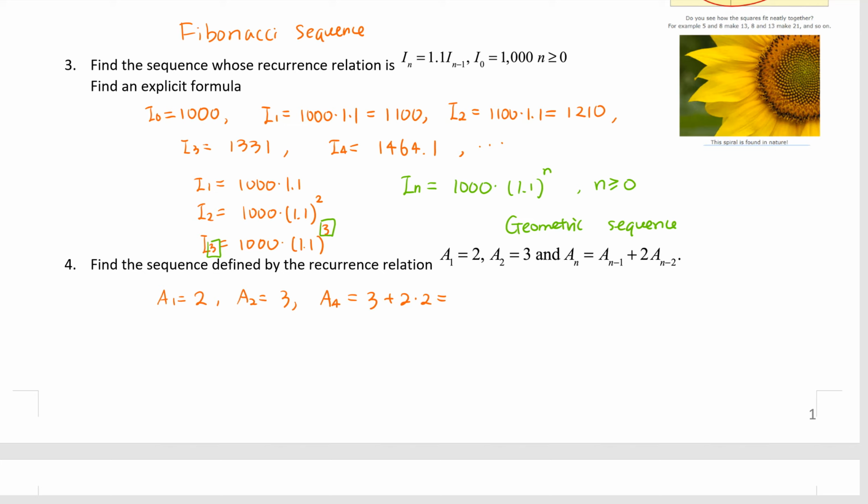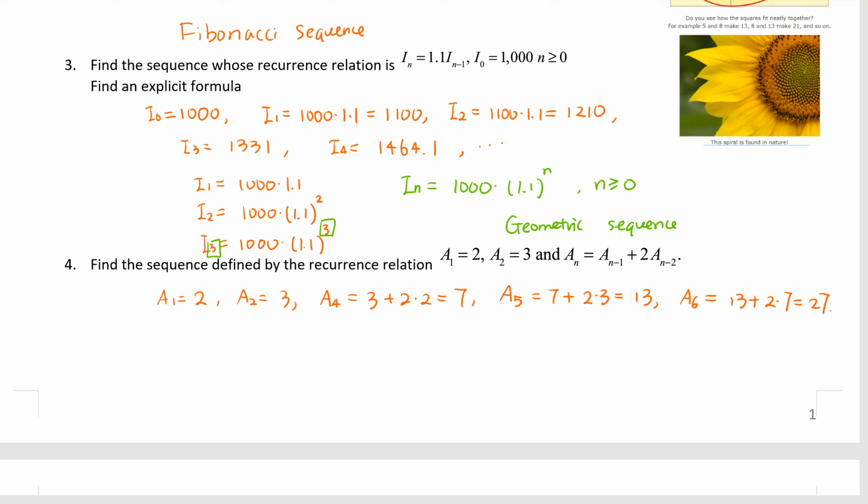Well, that is 3 plus 4, and that is 7. And then A_5, what is A_5? A_5 is 7 plus 2 copies of 3. So 2 times 3 is 6, 7 plus 6, 13. And then A_6, well, A_6 is 13 plus 2 copies of 7, 14 plus 13, 27.